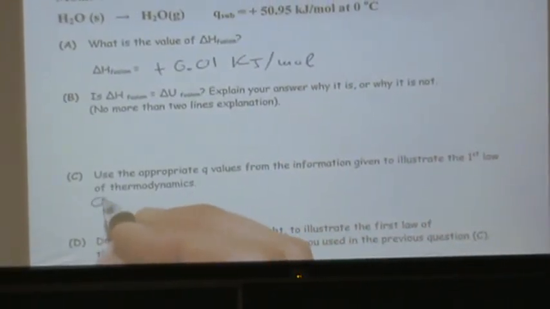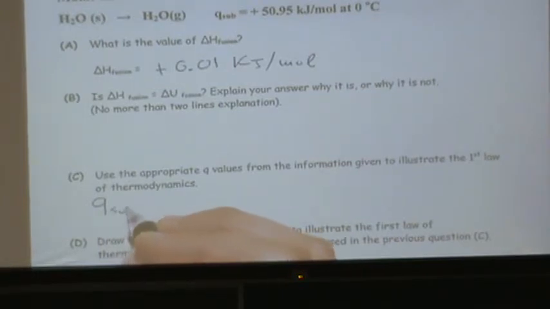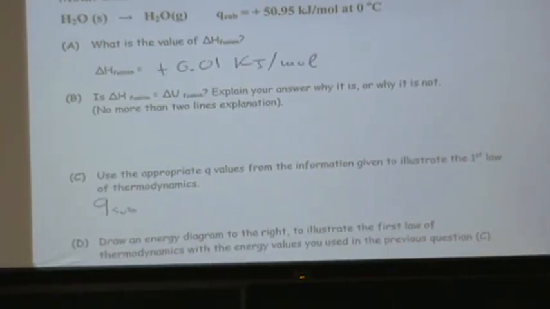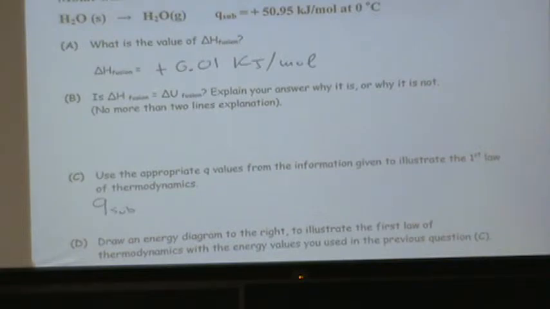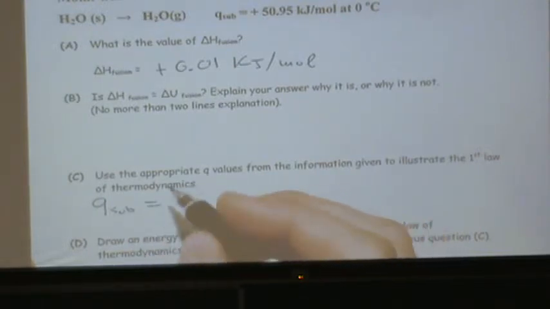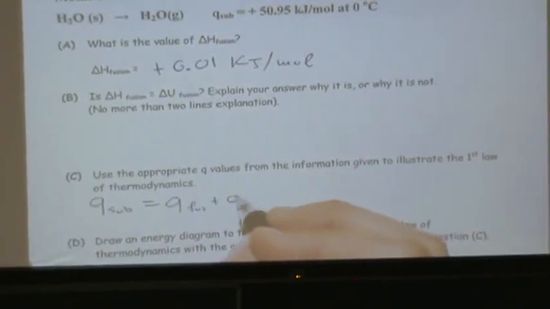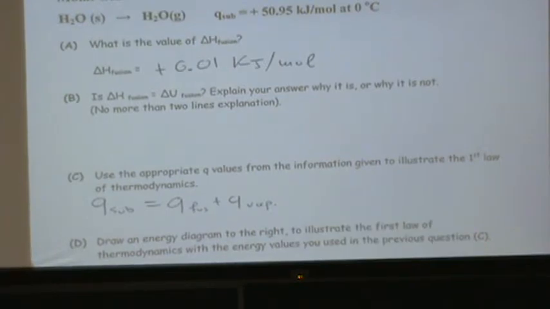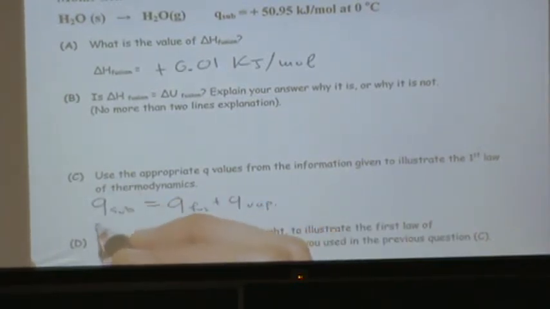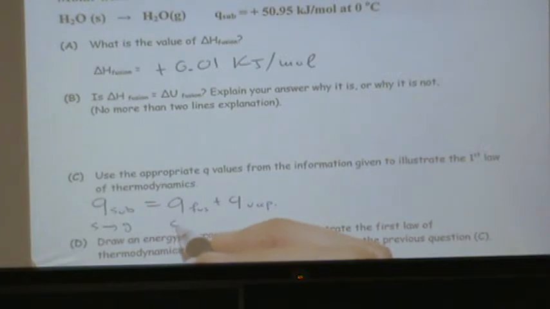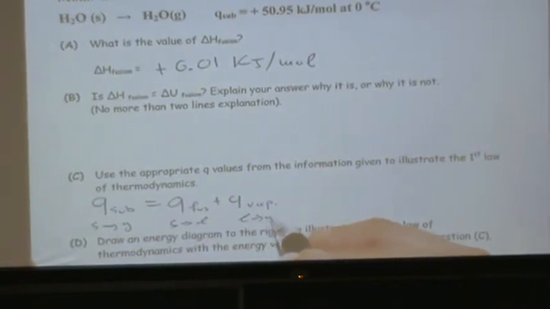In other words, Q sublimation, which is really from solid to gas directly, you can go in 2 steps instead. You can go from solid to liquid and then liquid to gas, instead of directly from solid to gas. So that should be equal to fusion plus vaporization, right? This is solid to gas. This is solid to liquid, and this is liquid to gas.